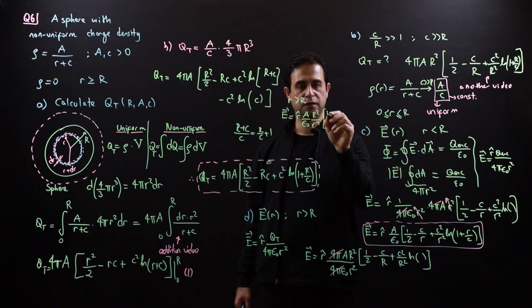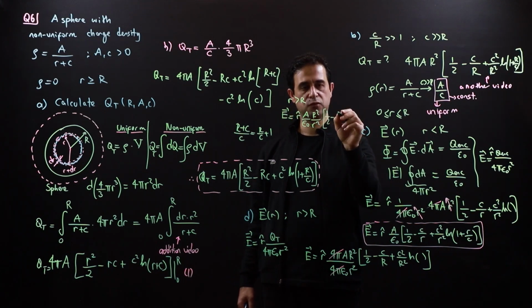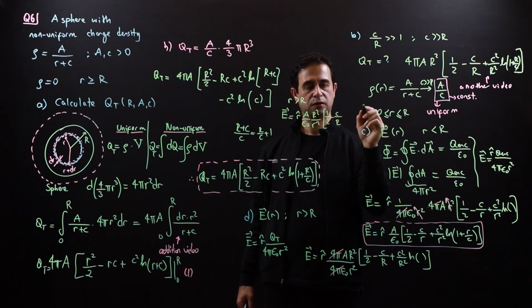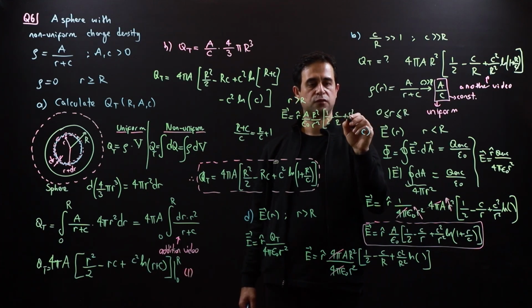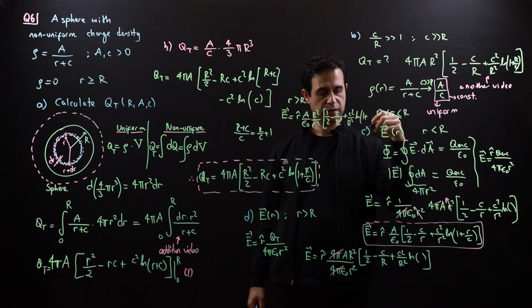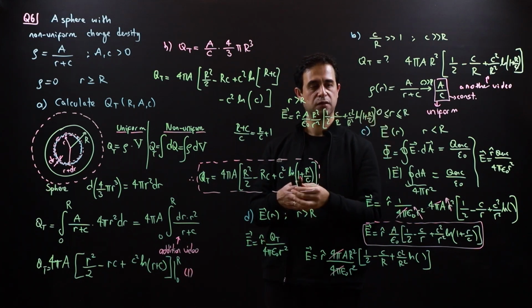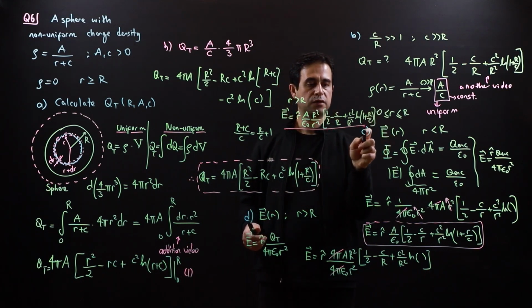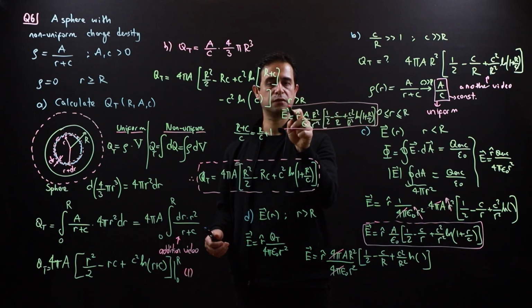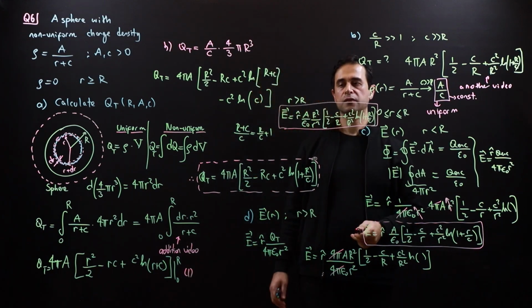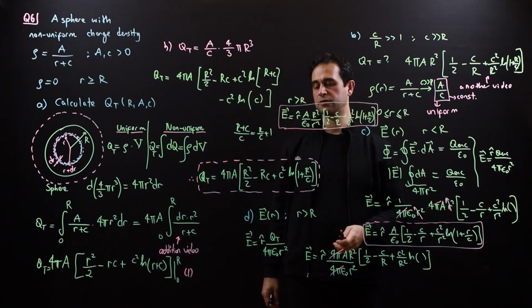Inside the parentheses, I get 1 over 2 minus c over capital R plus c squared over capital R squared times this logarithm of 1 plus capital R divided by c. Sorry about that, too many equations, but I'm going to box it so that we can clearly see. So this is the final expression for part D.